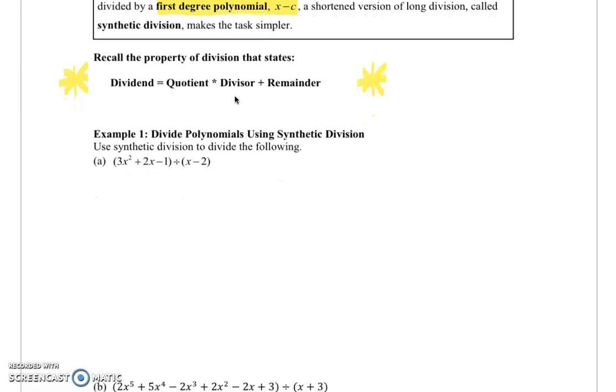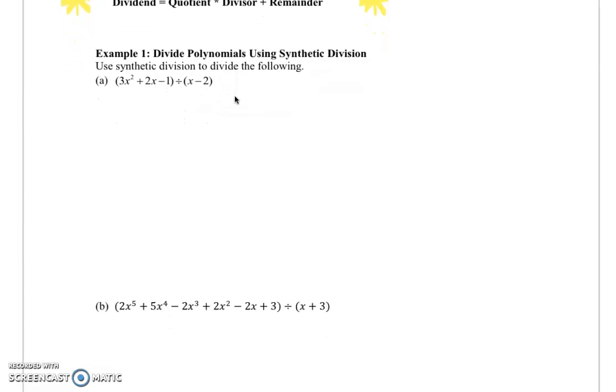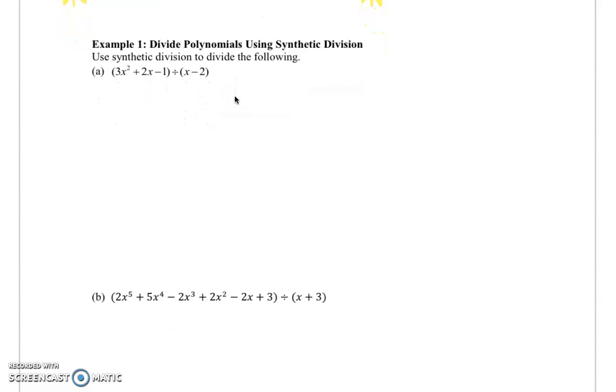So let's talk about how we use synthetic division. If we look at this, we're dividing 3x squared plus 2x minus 1 by x minus 2.